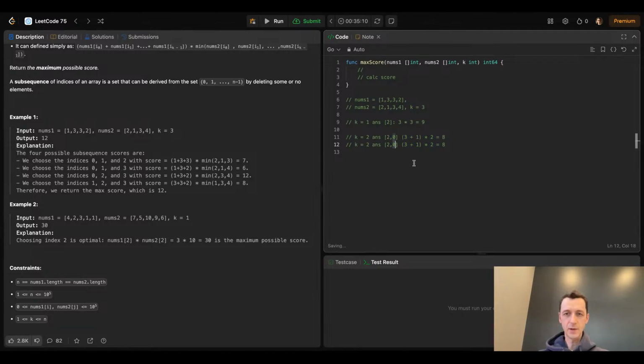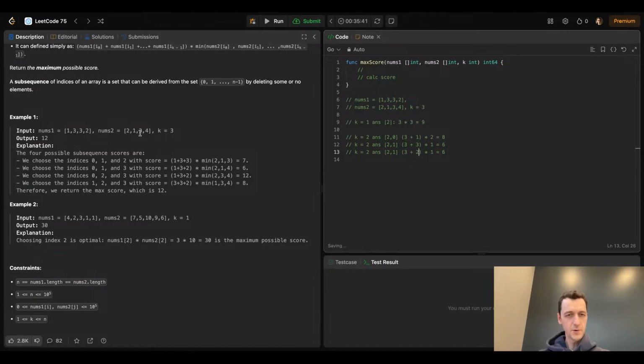Yeah, I forgot. Then we need to start like this one. The minimum, okay, 1 is 3 plus 3. The minimum is 1, so which is 6. And then it's gonna be 3 plus 2.